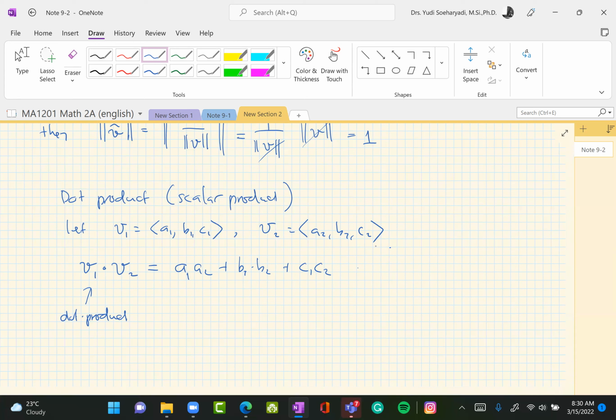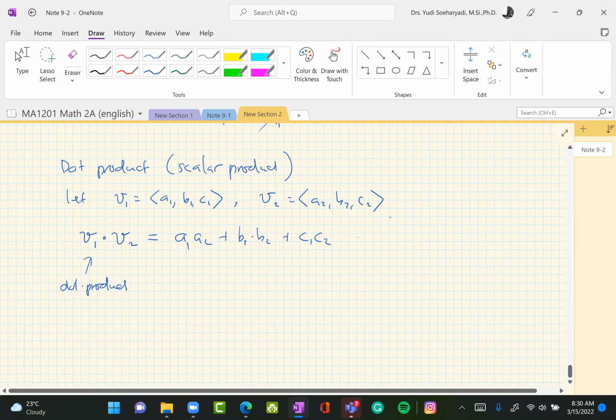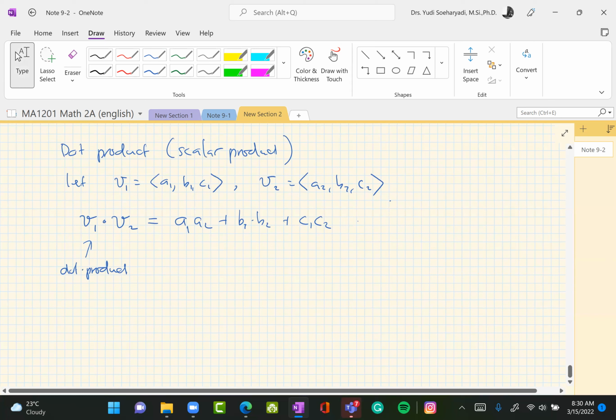So what does it mean? I want to show you that this is actually the formula you have from high school: the length of V1 times the length of V2 times cosine alpha, where alpha is the smallest angle between vector V1 and V2.